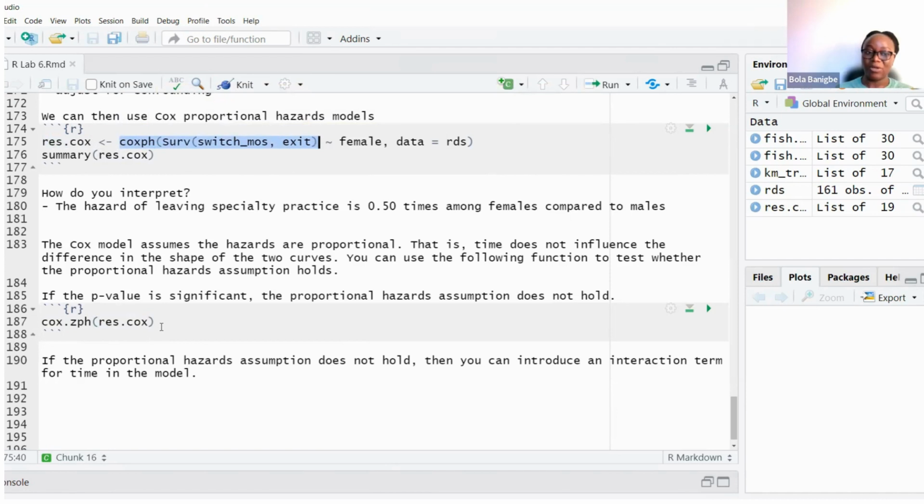So at this point, we're basically just asking R to run the Cox.zph. So basically looking at the assumption and saying, does the assumption of proportionality hold?